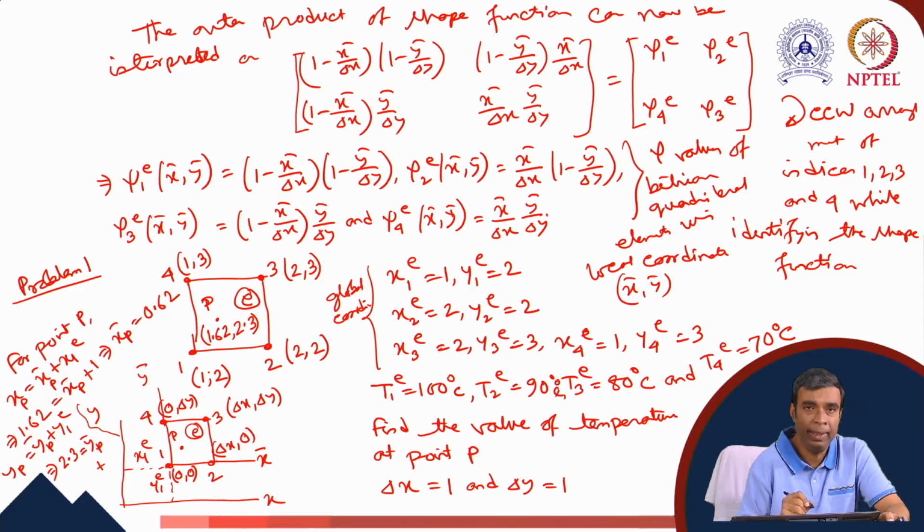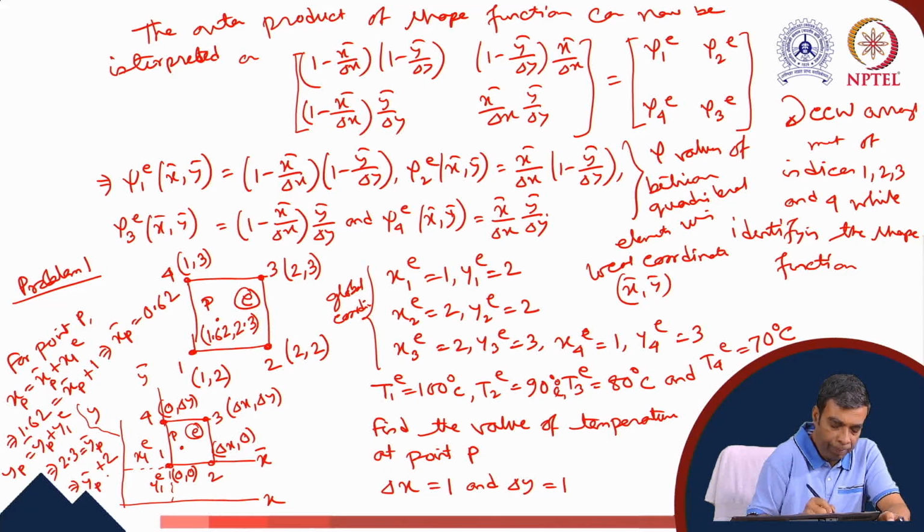This x1e and y1e depend on the coordinate of the first node, local node 1. So here y1 equals 2. This gives us yp bar equals 2.3 minus 2. So this is 0.3.